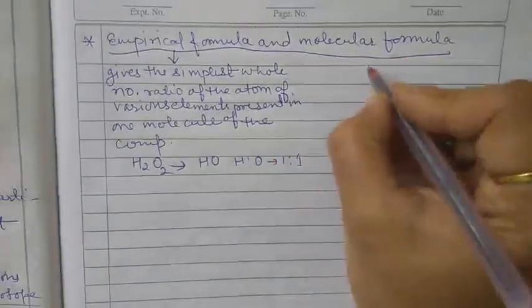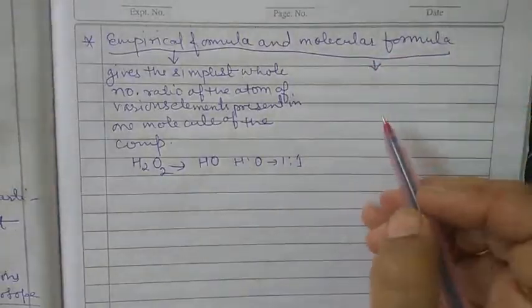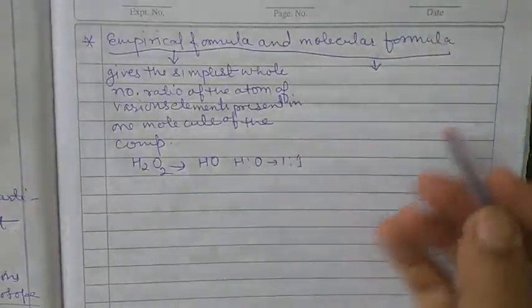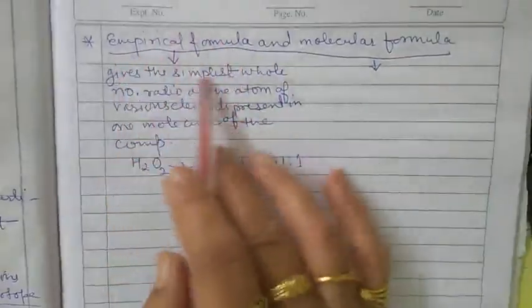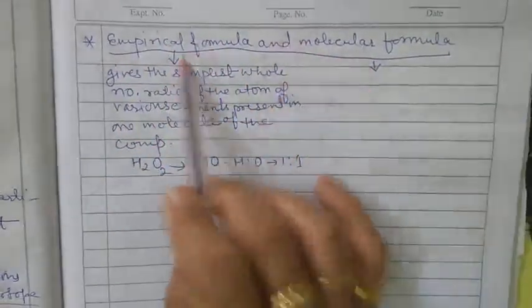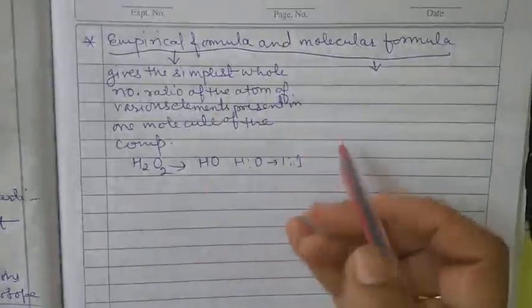And let's first discuss the molecular formula. Then we will solve a question. Then we can easily understand how to find out the empirical as well as the molecular formula. Okay.